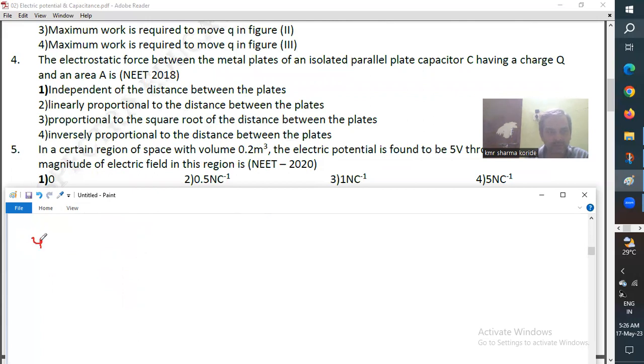Moving to question number 4. The electrostatic force between the metal plates of an isolated parallel plate capacitor C having a charge Q and an area A is.